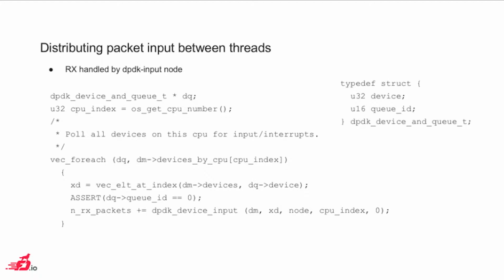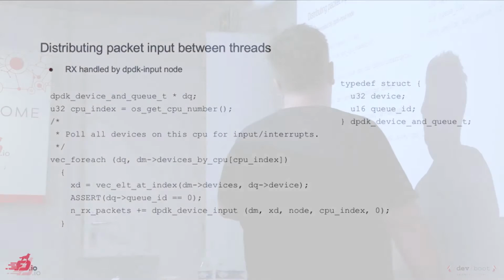What we get is a few queues which are handled by the DPDK driver, and we will pull those queues from different worker threads. If you take a look into the code, this is an important function because it's doing that work.